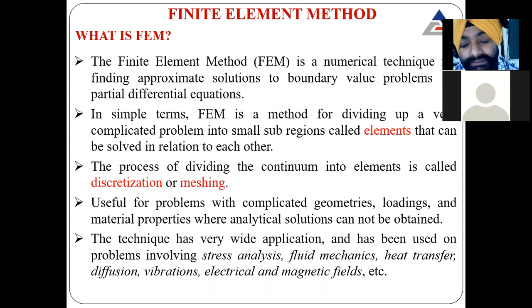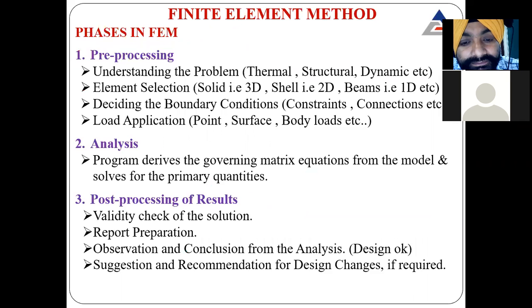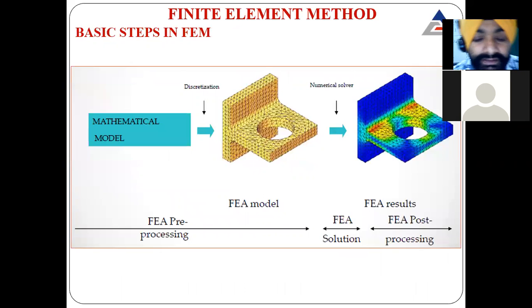Now, I'm going to show you one picture. What happens when it is put in some software? Let me show you. This is the part that is to be designed. When you apply FEA on it using ANSYS software, you can see this part is being divided into a number of small triangles, rectangles, and so on.